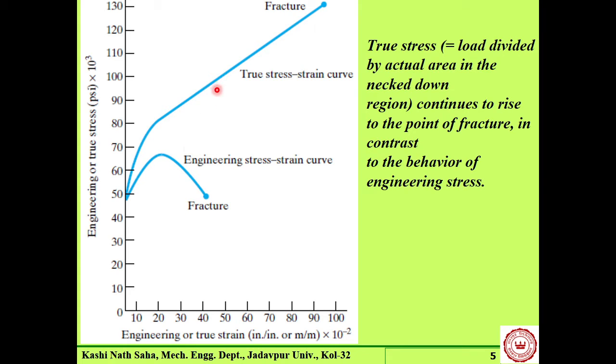So when we measure true strain, the magnitude of true strain at the point of fracture is much higher. Similarly, when we measure true stress, the magnitude of stress is much higher than what we get from the engineering stress strain diagram. This part is clear, right?